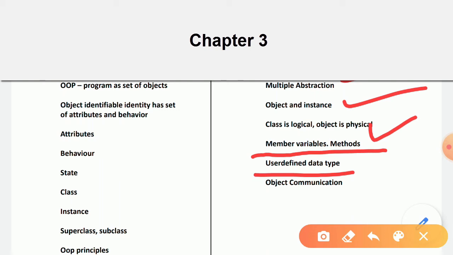For example, when you create an int type of variable, int x is equal to 10, let's say, you can store only one value in the x variable. Take any primitive type, a variable will be able to store only a single value.